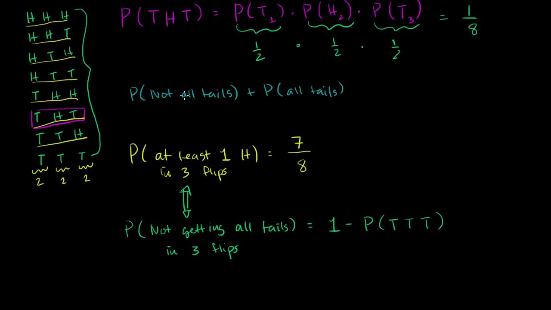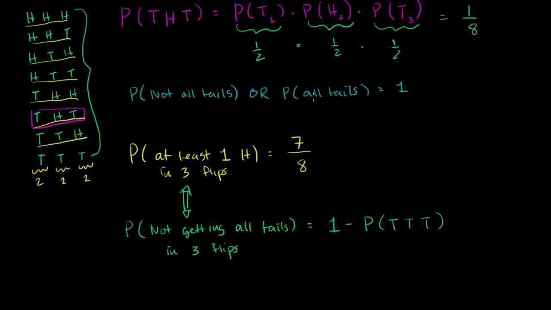So your chances of getting either not all tails or all tails, and these are mutually exclusive, so we can add them. So the probability of not all tails or the probability of all tails is going to be equal to 1.